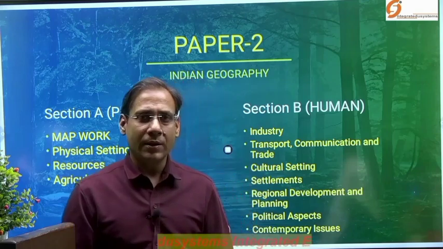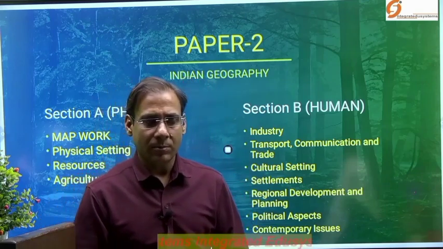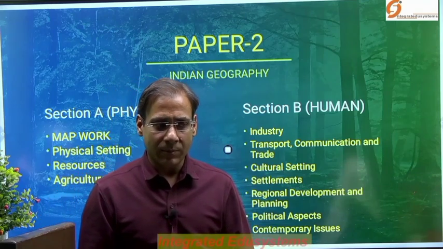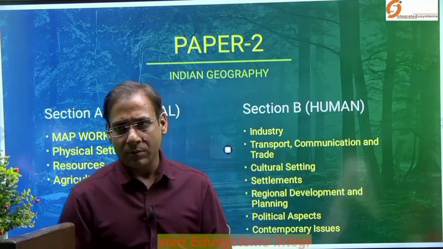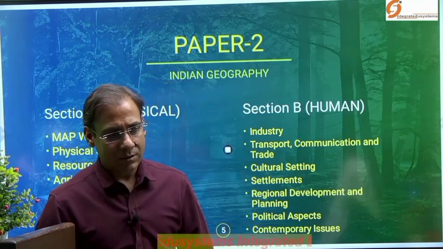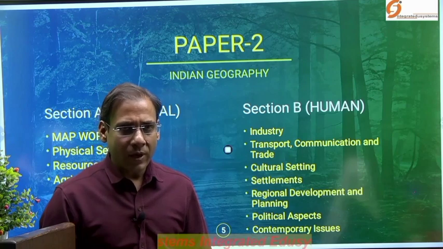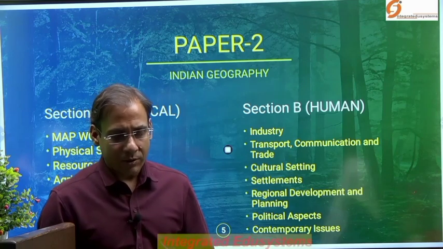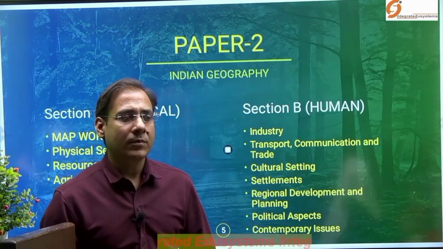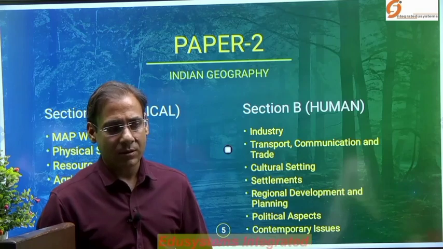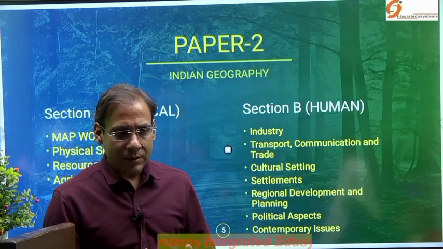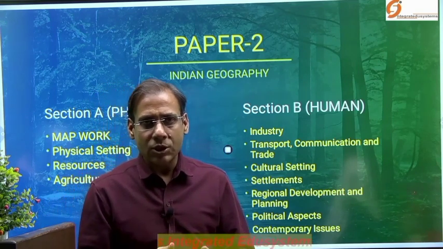Even in China and Japan, the majority of people believe in Buddhism. Are you understanding this? The food habits, the dress, the languages, all these are cultural components, cultural traits.